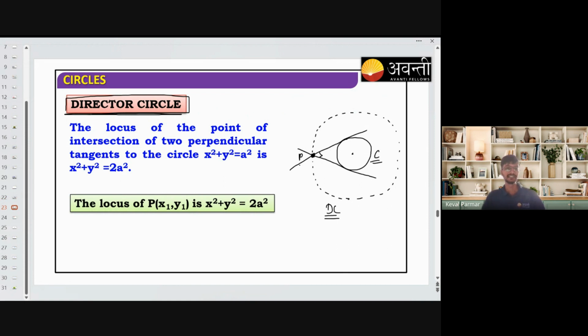Now, what will be its equation? See, if the equation of the given circle is x square plus y square equals to a square, then the equation of director circle will be x square plus y square is equals to 2a square.